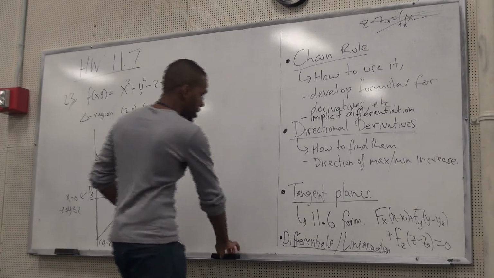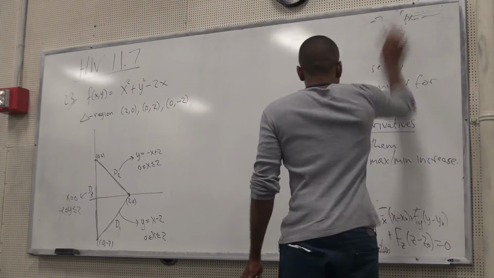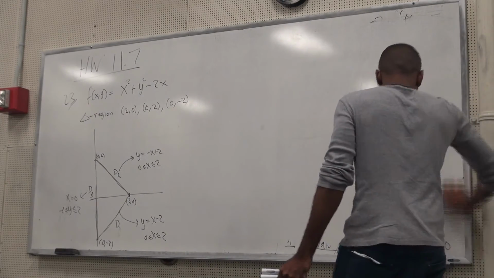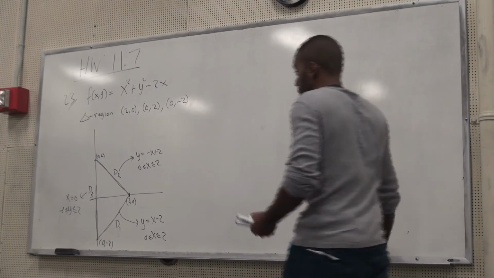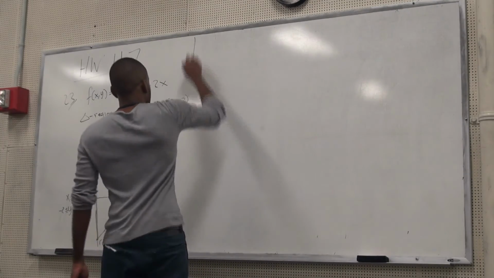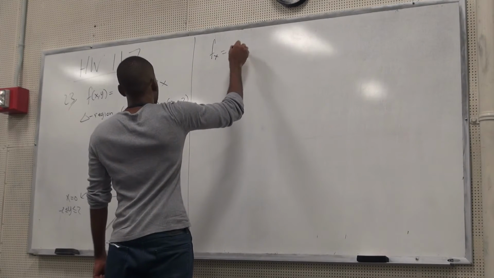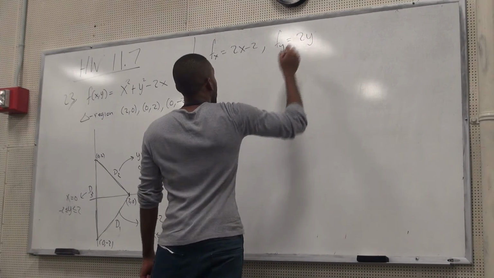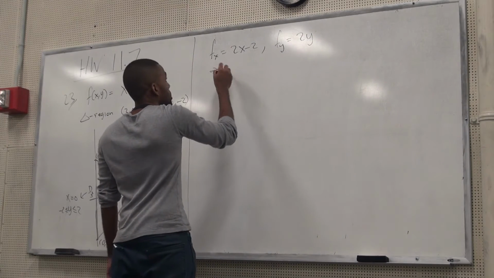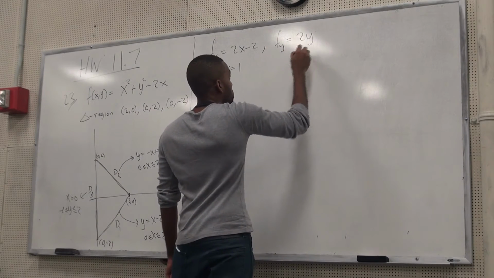Then I'm going to try to find, what's the next thing? The partial derivatives. I need to do the partials for the critical points, because I need to know if there are critical points inside that region. So fx would be 2x minus 2, fy would be 2y. So this means my x must be 1, and my y must be 0.